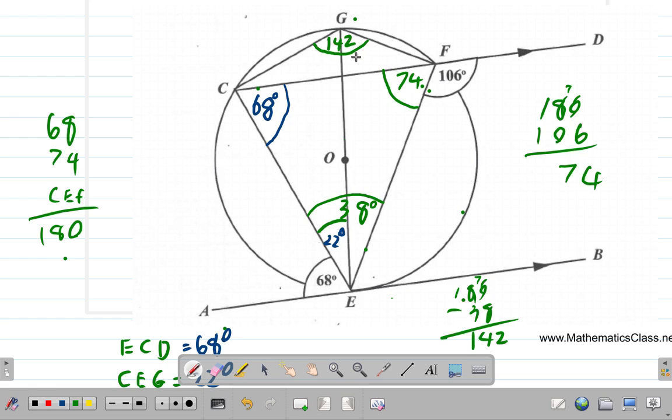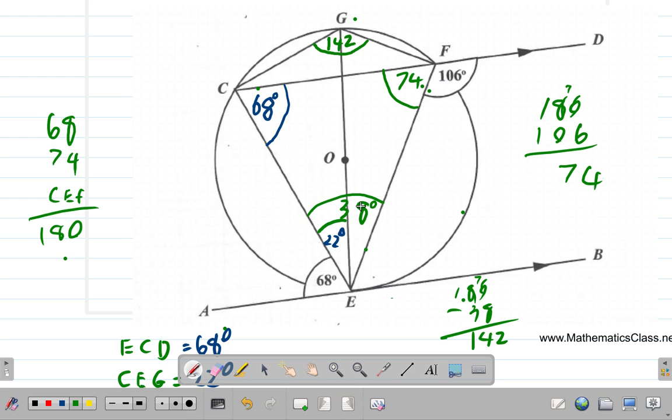Alright. So at 142, because what happened? The angle CFE is 180 minus 106, which is 74. The angle CEF would be 180 minus 68 minus 74, which is 38.